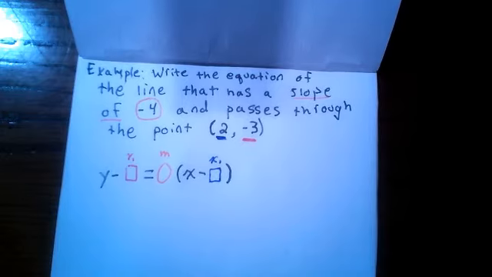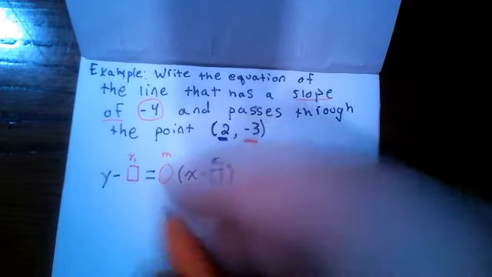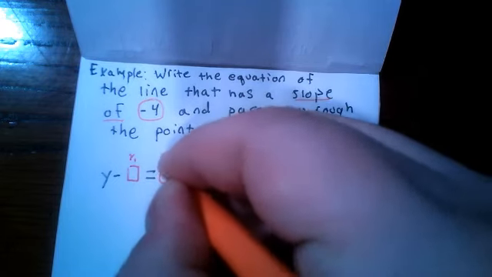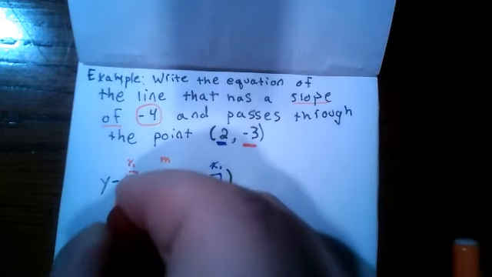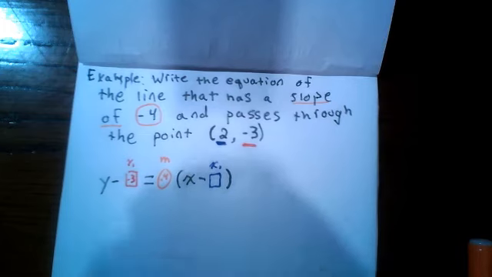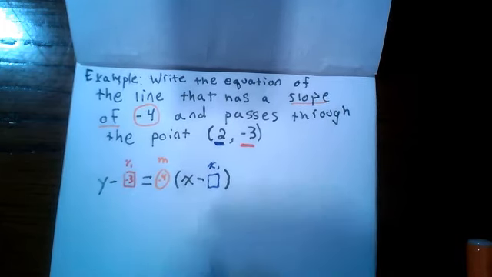And all I have to do is put those numbers in the box. I see that my slope is -4, so I would put a -4 here. My y1 is -3, so I'd put a -3. My x1 is 2, so I put a 2.